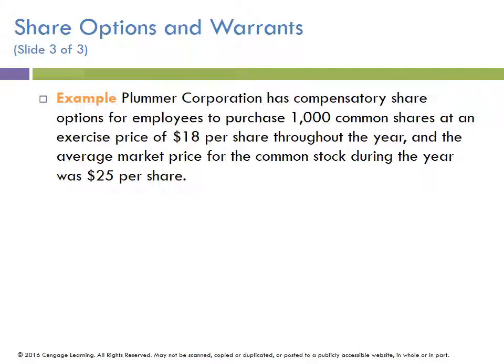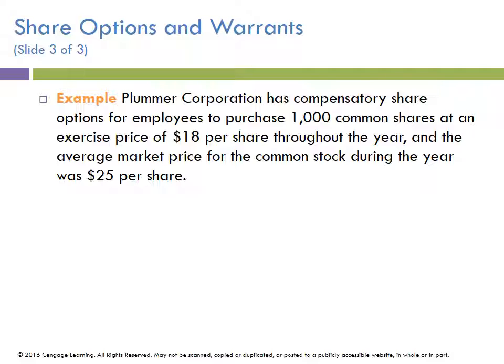Plummer Corporation has compensatory share options for employees to purchase 1,000 common shares at an exercise price of $18 per share throughout the year. So that's what's outstanding at the end of the year. The average market price for the common stock during the year is $25. So if these were exercised, we wouldn't be having this discussion.